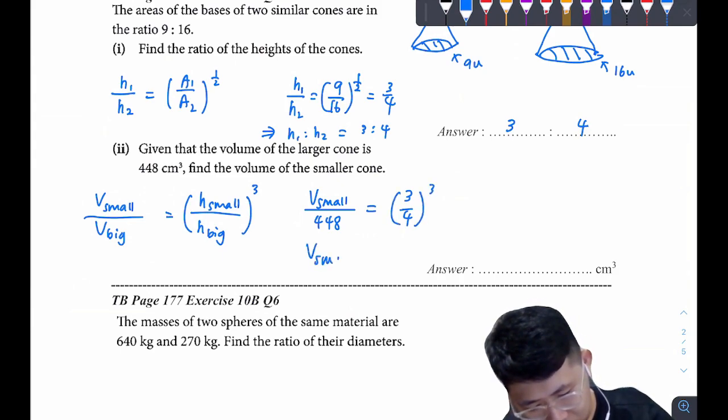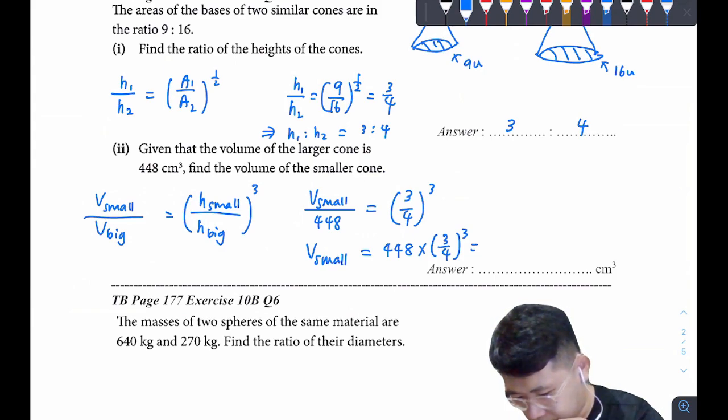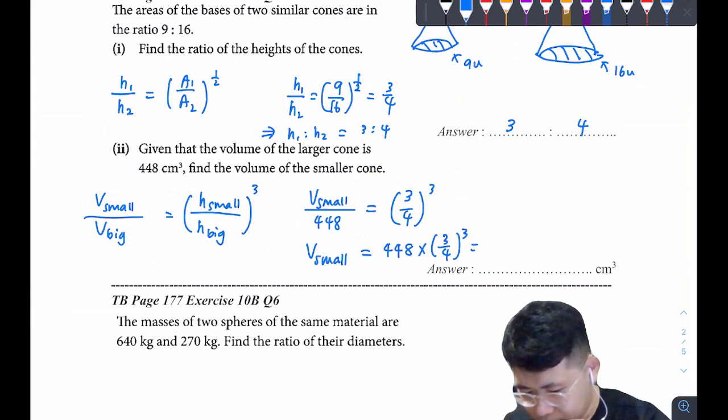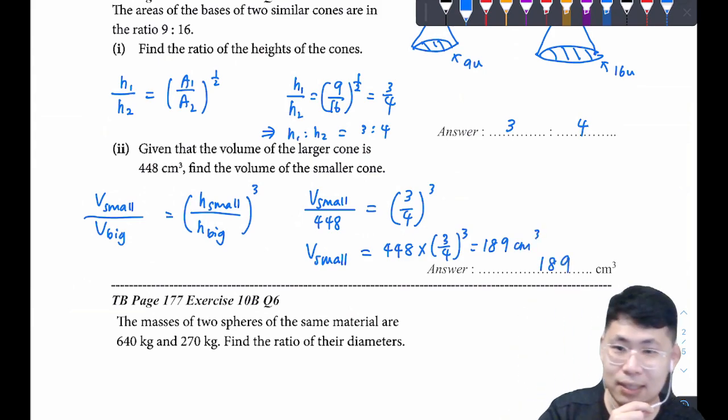So the smaller volume is equal to 448 times (3/4) cubed. Remember the bracket. So this is 189 cm cubed.